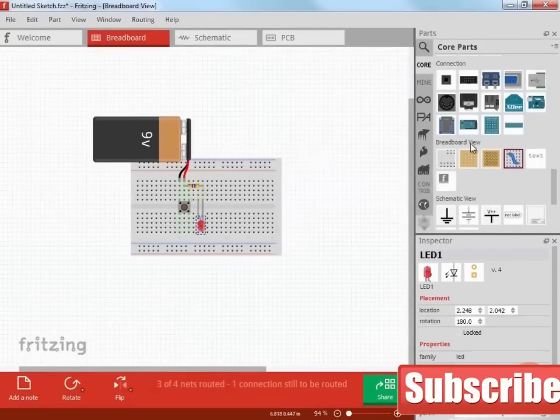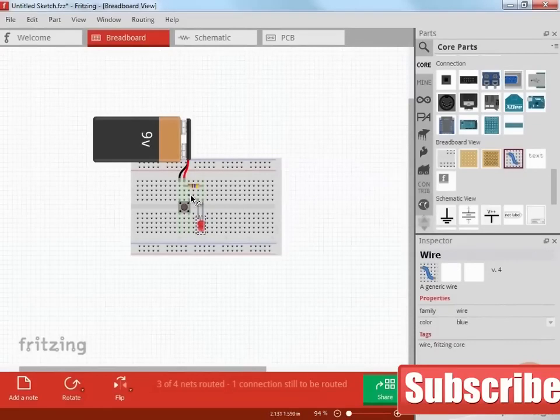We're almost connected. We're going to need a little wire. And that's our circuit. So all the air wires are connected, everything is connected up, and we have a fully functional circuit.